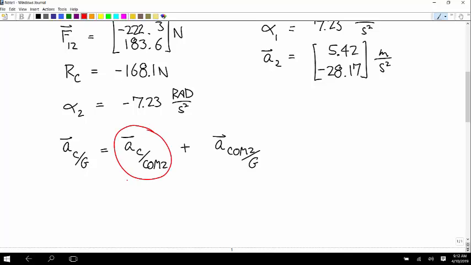This is circular motion, so that acceleration comes from alpha cross r plus omega cross quantity omega cross r. And this one is our variable A2. So we just add that on at the end.